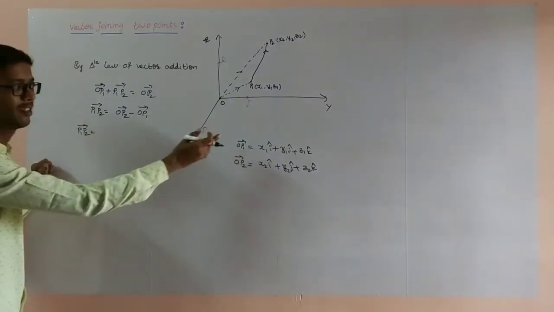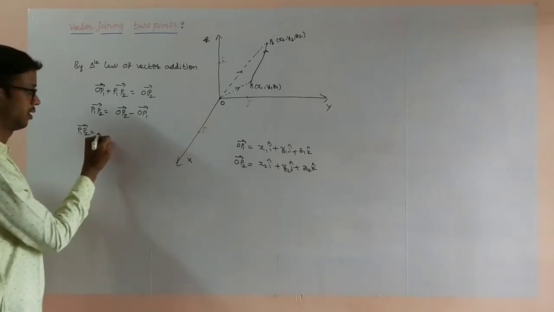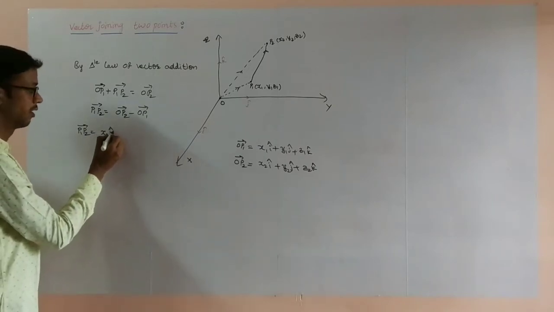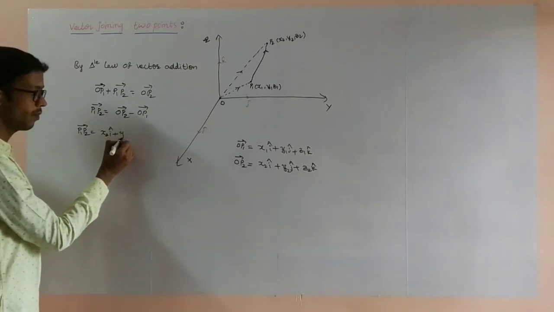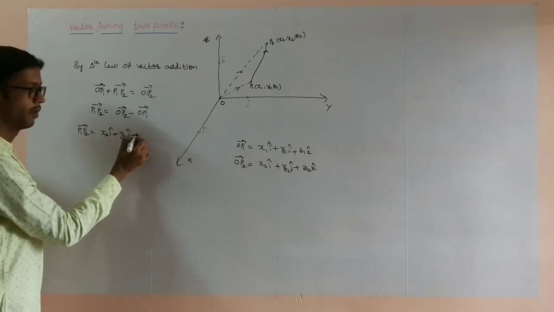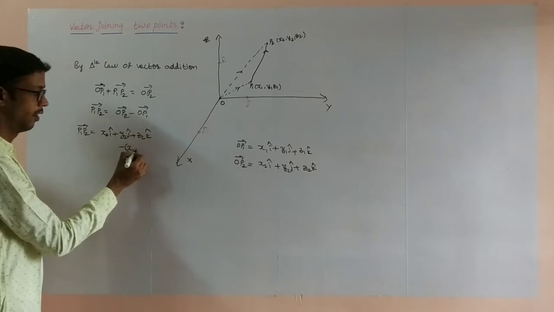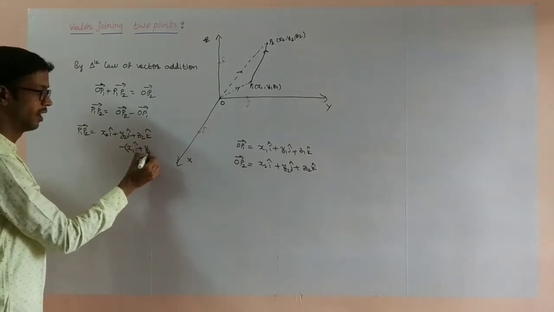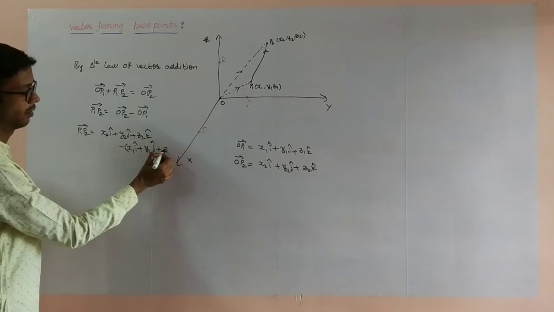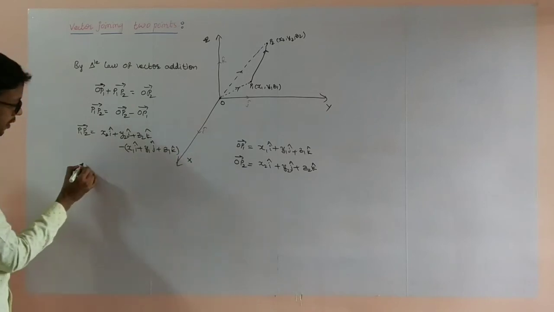Now corresponding element subtraction: x2 I cap, y2 j cap, z2 k cap minus x1 I cap, y1 j cap, z1 k cap.